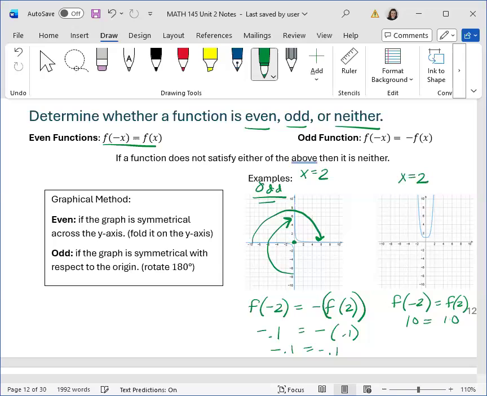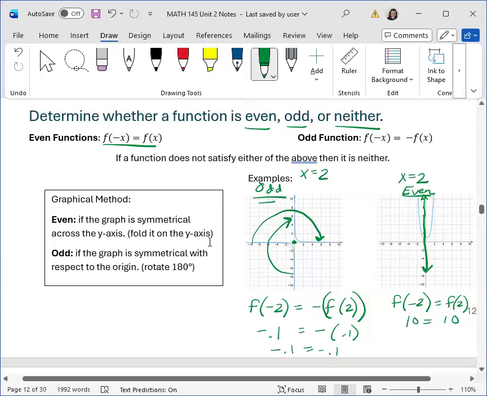So this one satisfied the even definition. So this is an even function. How you can tell an even function visually is that it's symmetrical across the y-axis. So if I were to make a fold in my graph right on the y-axis, the left side is supposed to match up with the right side of the graph. And again, that's for an even function.